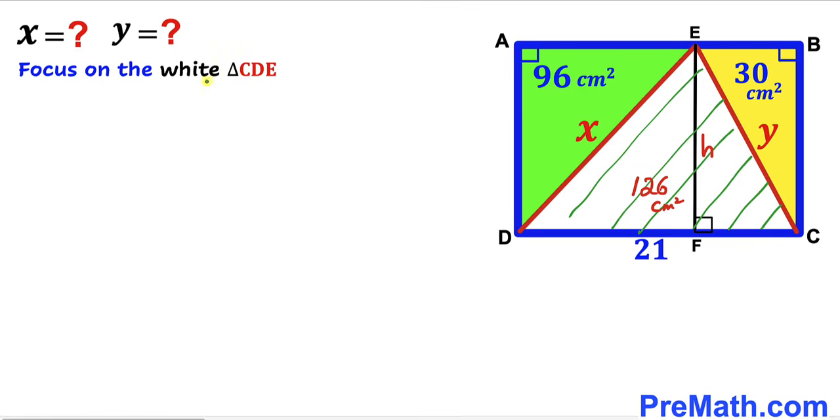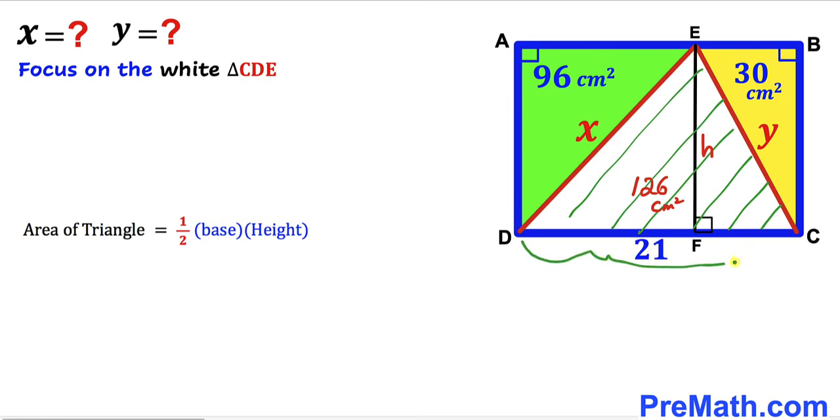So we focus once again on the white triangle CDE. Let's recall the area of a triangle formula: area equals a half times base times height. In our case, the base of this white triangle is 21, the height is h, and the area is 126.